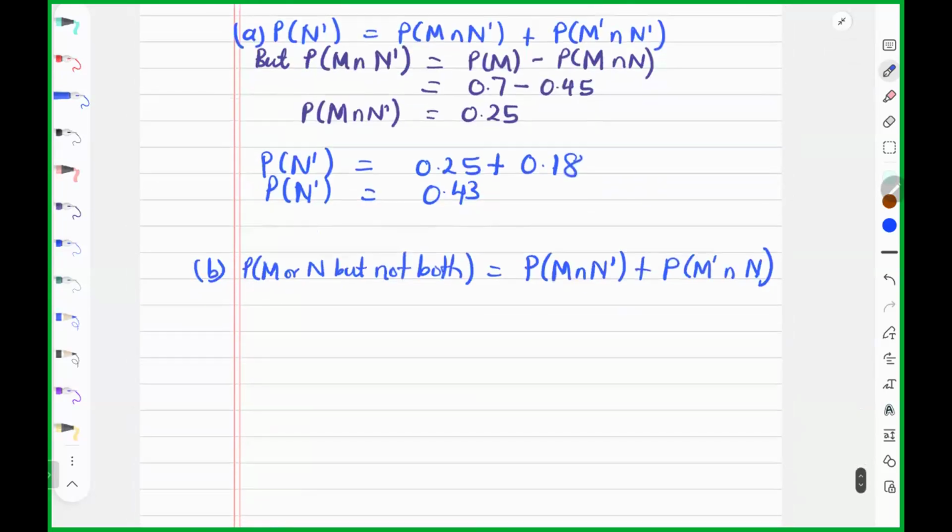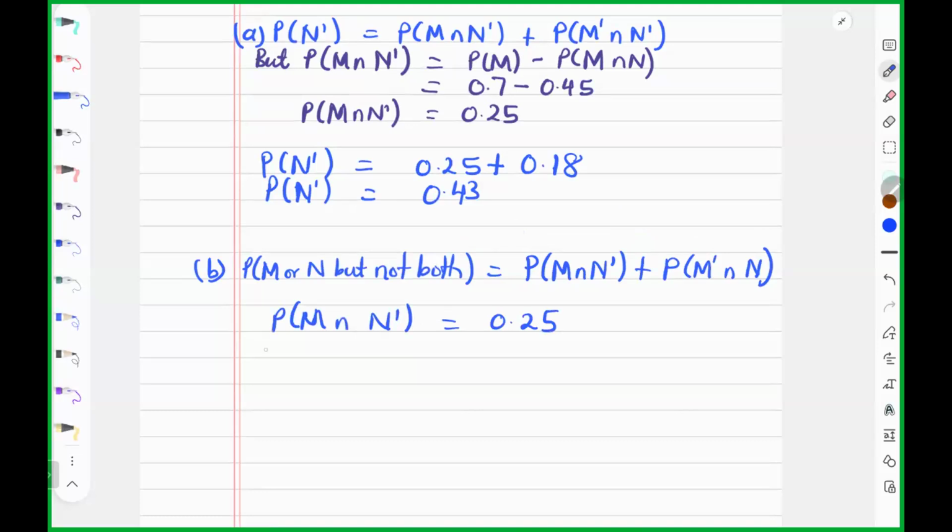In other words, the other formula you can use is probability of M union N minus probability of M intersection N. That's the other formula I can use. So probability of M intersection N complement, we got it as 0.25.